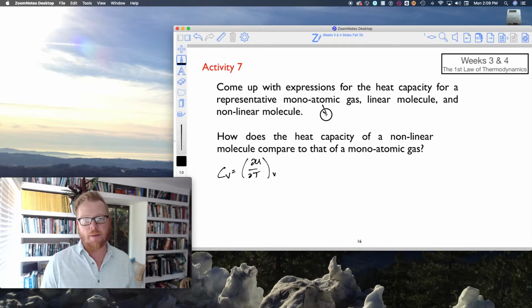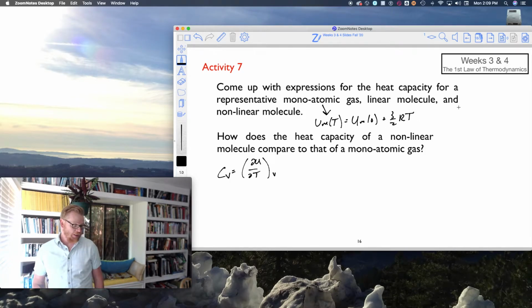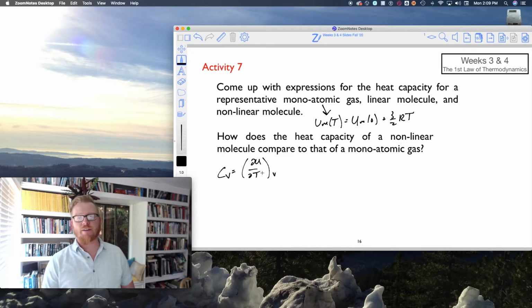So remember, for a monatomic gas, UM as a function of T equals UM0 plus 3/2 RT. So how do I use that in this relationship?